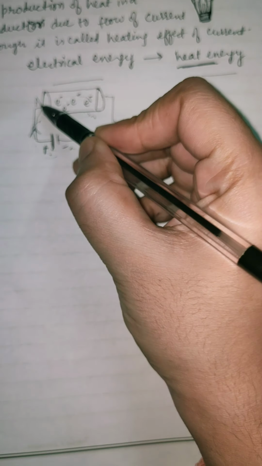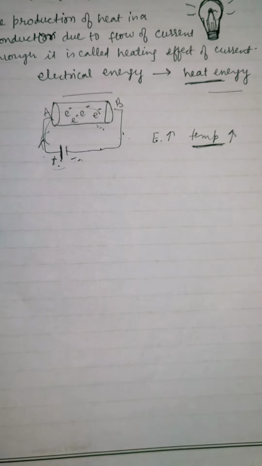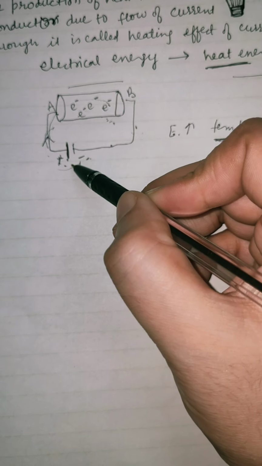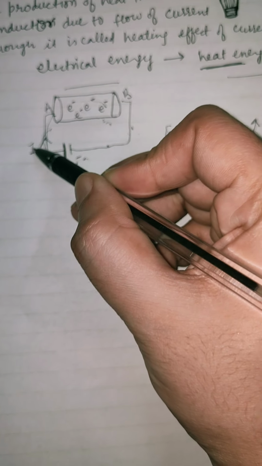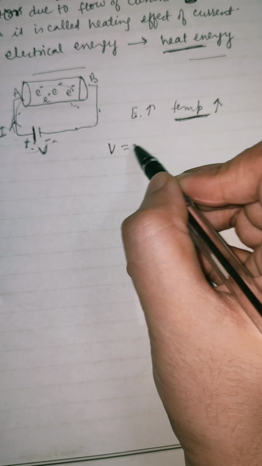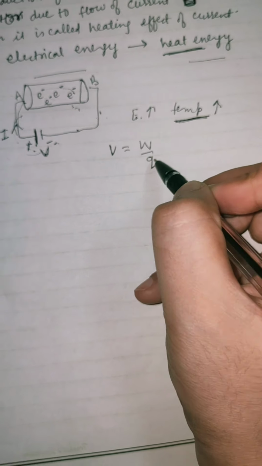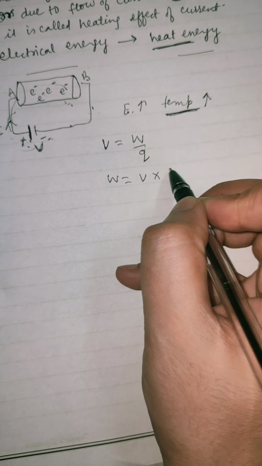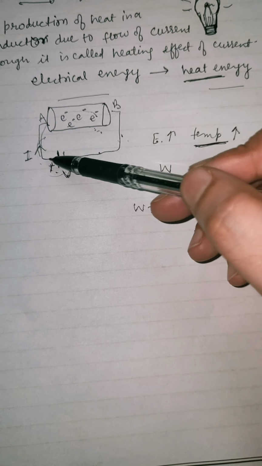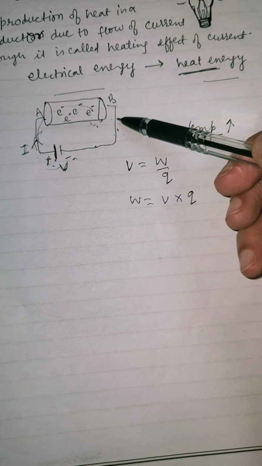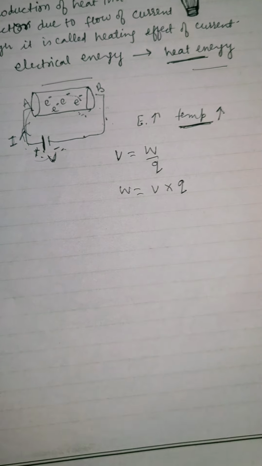This is A and this is B, two ends across the conductor, and V is the potential and I the current flowing through it. As we know, potential is work done per unit charge. So the work done is equal to potential into charge. If current I is flowing through the conductor in time T, then we need the total charge flowing through the conductor.